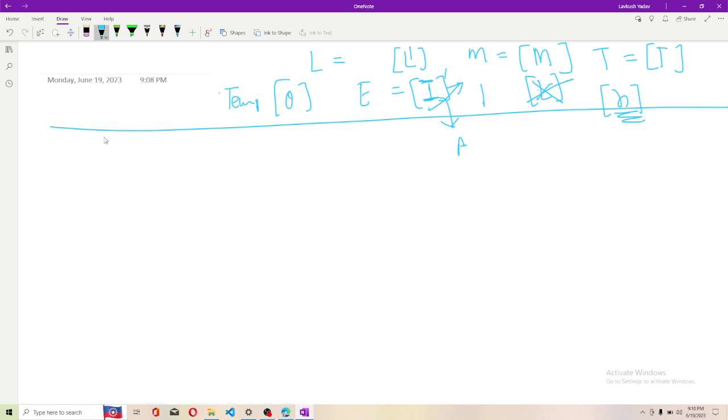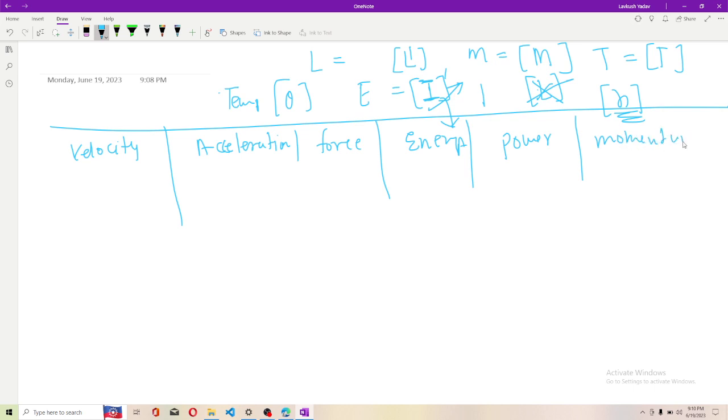First we will start with velocity, then we will move on to acceleration, then force, then energy, then power, then momentum, then inertia. There are different quantities which you can write. There are so many quantities, and these are the derived quantities.